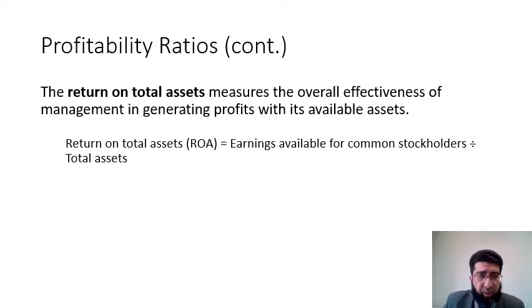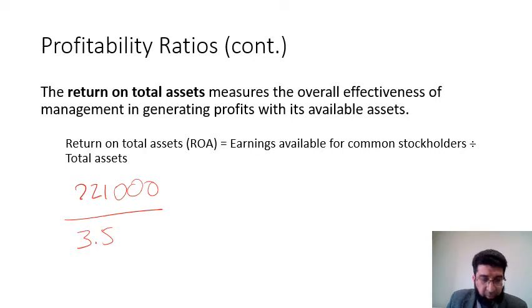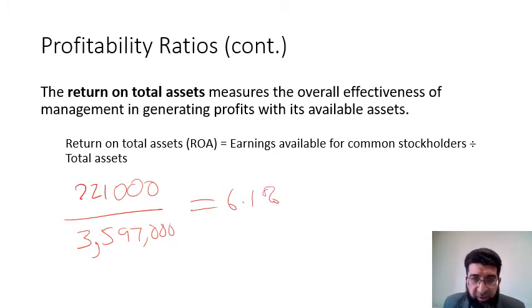For XYZ company, this turns out to be $221,000 divided by 3.59 million, or let's put it 3.7 million, and that comes out to be 6.1%, which means for every $100 of assets, $6 of earnings are generated, which is normal for mature firms.